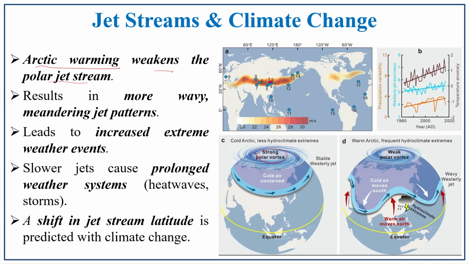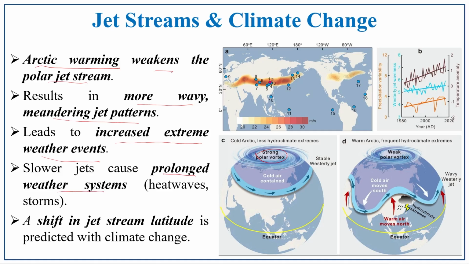So this adversely affects the climate change, and the result is more wavy, meandering jet stream patterns. There will be a wavy pattern of jet stream which leads to increased extreme weather events. Because of this wavy nature, it increases the extremity of climatic conditions.